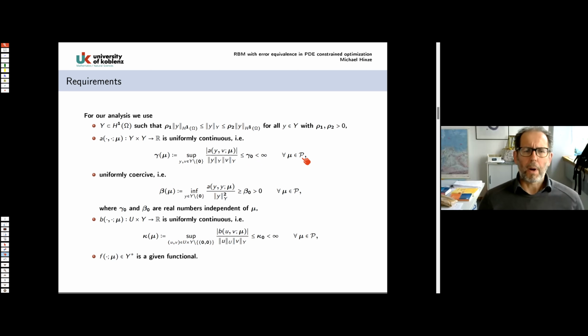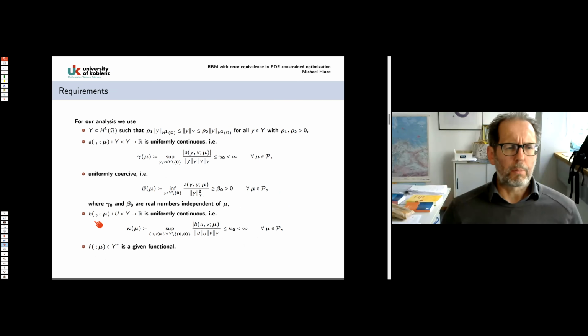Here, mu ranges in the parameter set P. And we want to have that B, the right-hand side, is uniformly continuous in U as well, with some kappa naught, and F is a given function. Those requirements are generally asked for if one goes for reduced basis methods. For the bilinear form, coercivity is probably required here, which is, of course, a very important ingredient in the error estimation.